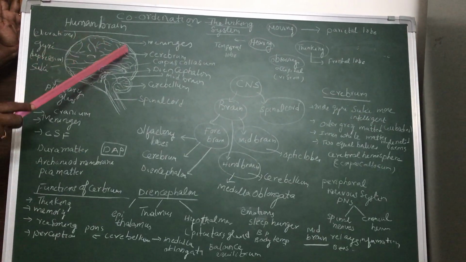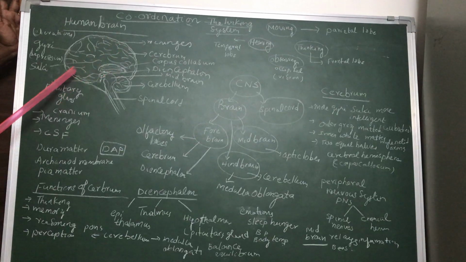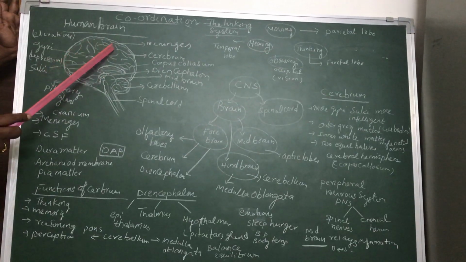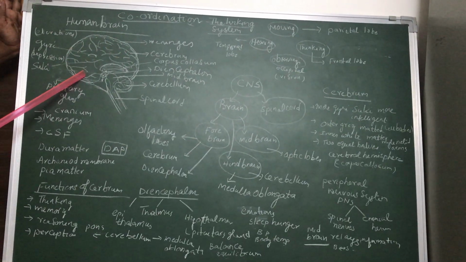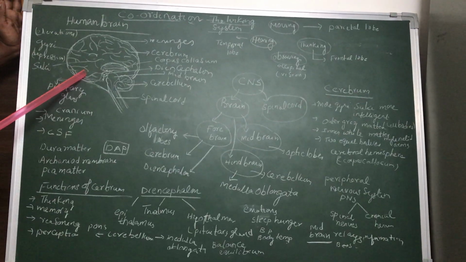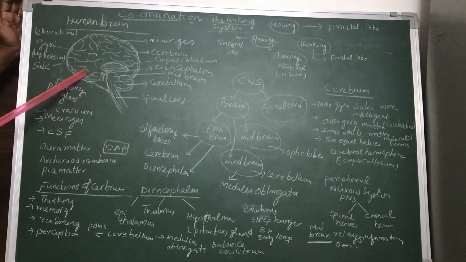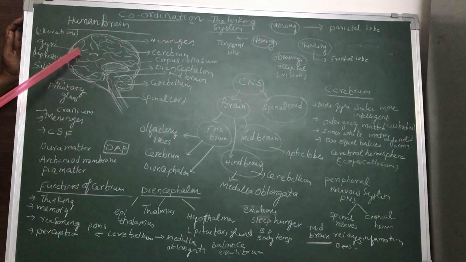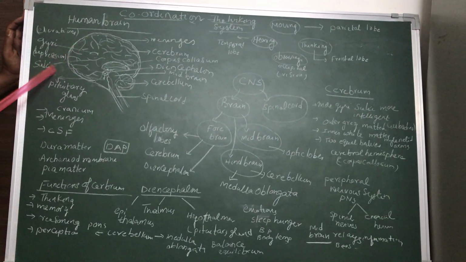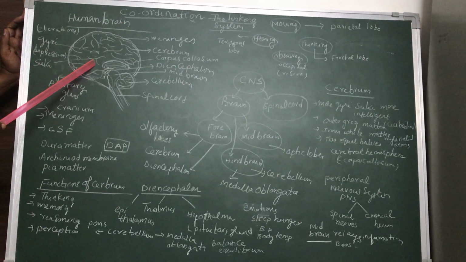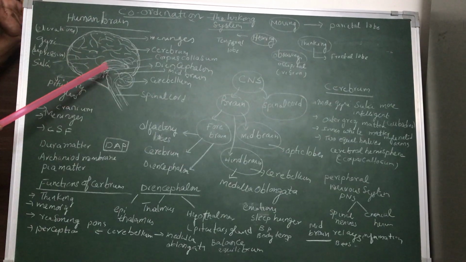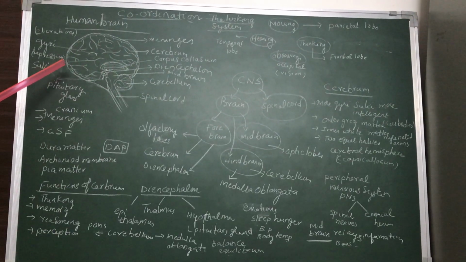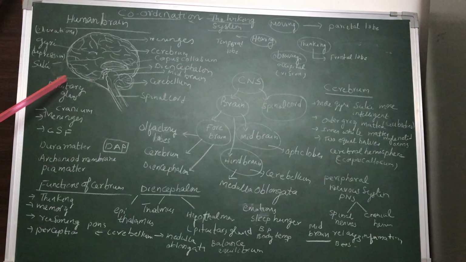When you observe the cerebral hemisphere, the outermost part of the brain, you can see some elevations and depressions. Elevations are called gyri and depressions are called sulci. These increase the surface area of the cerebrum so that more neurons can be accommodated in the brain.